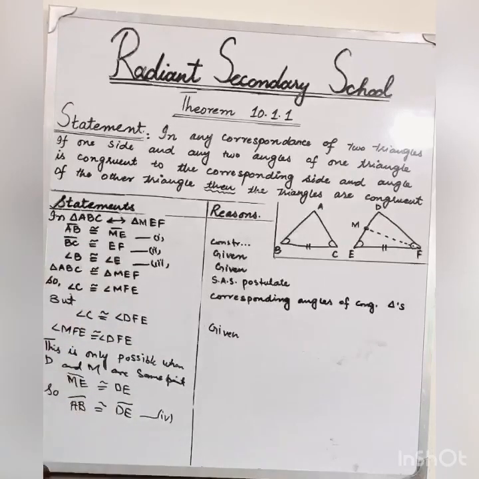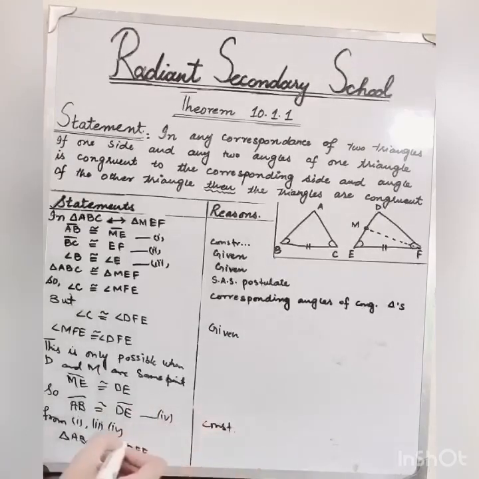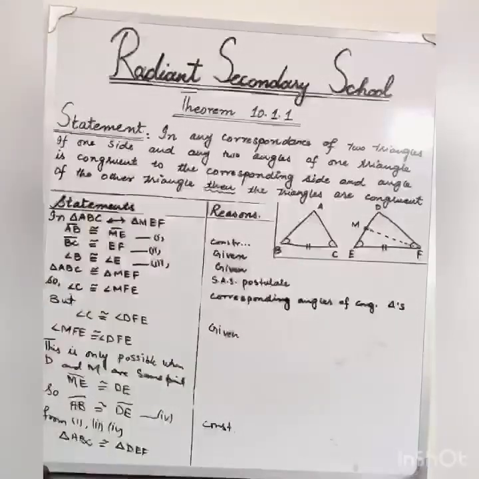So you will write that from points 1, 2 and 4, triangle ABC is congruent to triangle DEF. This comes from the construction, so we will write in the reason: construction. So we are proving that triangle ABC is congruent to triangle DEF.